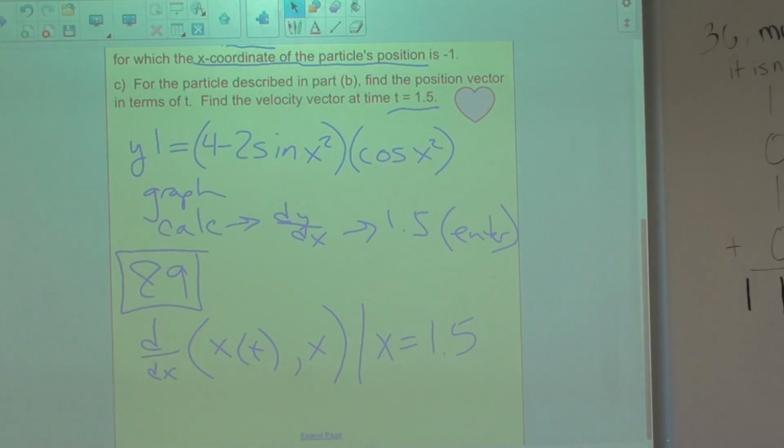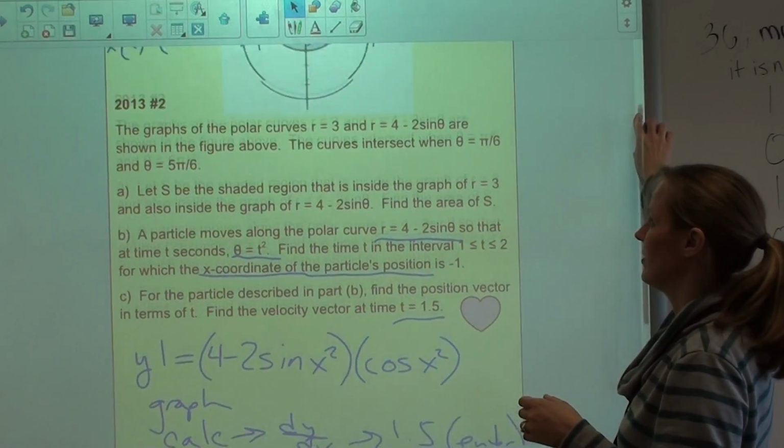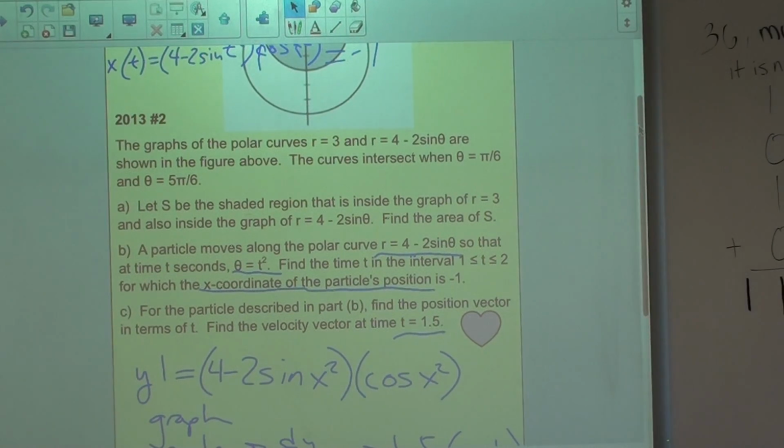Yes? Oh, sure. Let me just back this up. How did you find this x of t? Now you need a y of t, the same kind of thing.